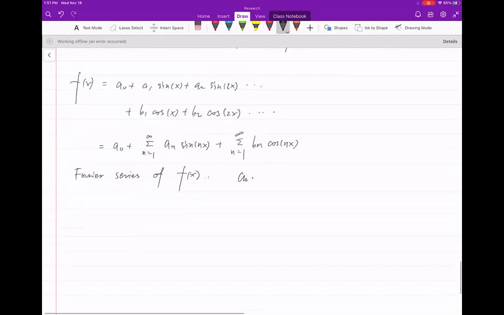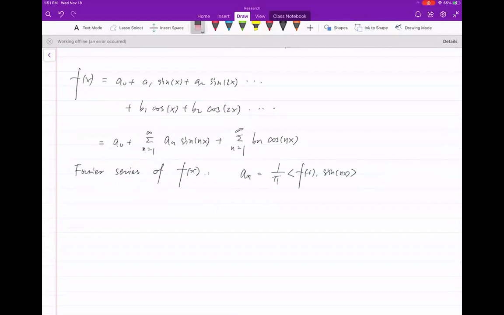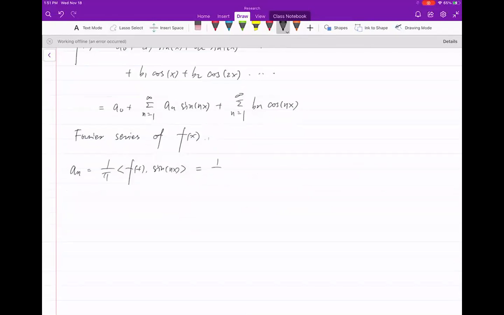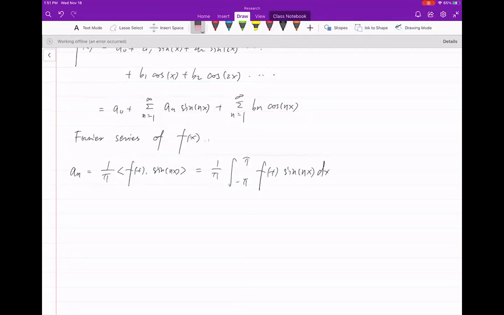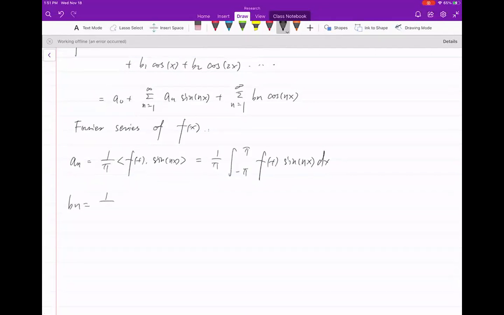Okay, a_n is nothing but the integral of f(t) sine nx divided by pi, which is the integral from negative pi to pi. b_n is the same, 1 over pi, the integral from negative pi to pi of f(x) cosine nx.